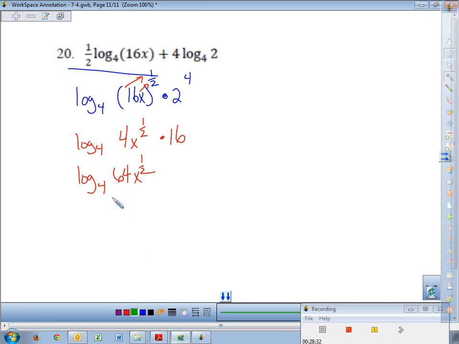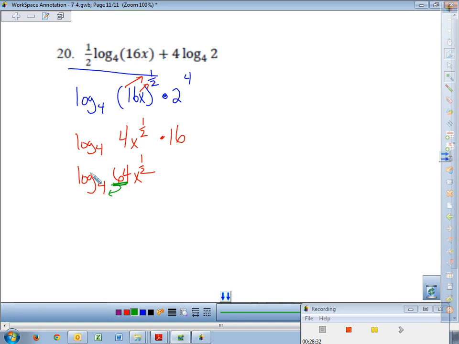But you see that this number is a power of that number. 4 to what power is 64? 3. So there's ways around this to make it even more simpler. And what you have to do is split it back up. Right? We're trying to condense it, right?